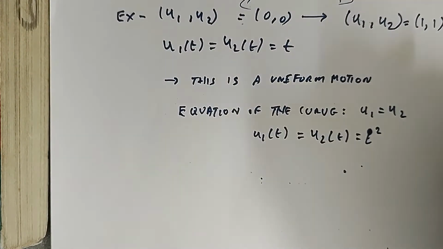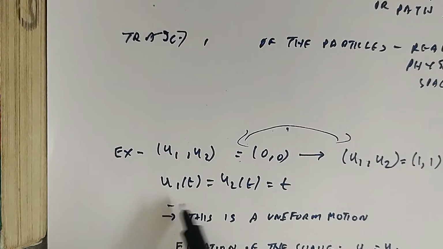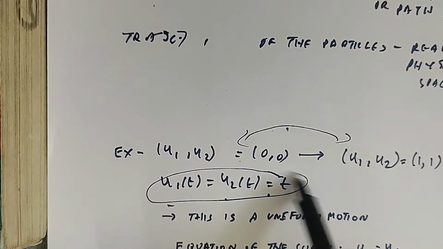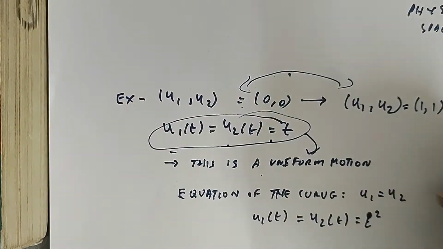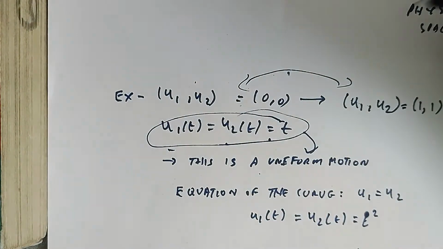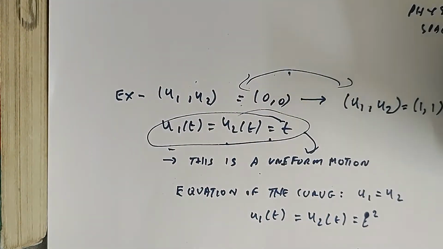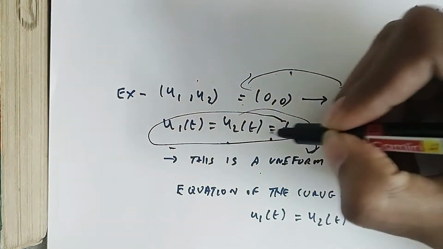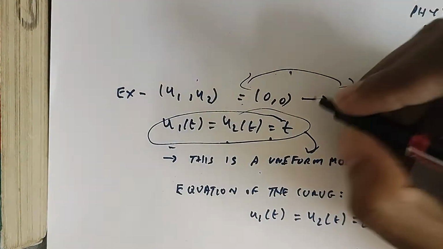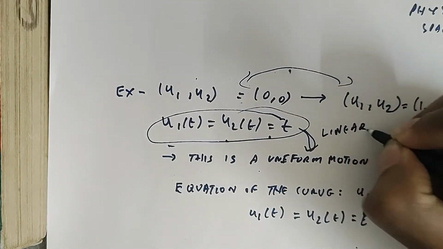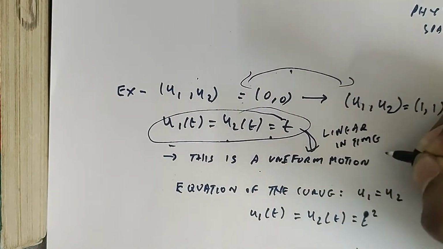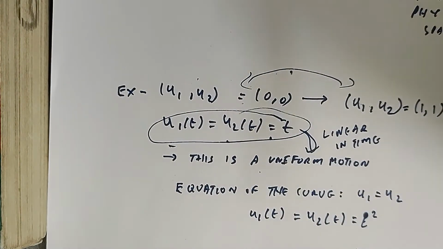What just happened? Here u1(t) is linear in time, thus it's a uniform motion. Initially you have (u1, u2) at (0, 0), and then at (1, 1), and u1(t) = u2(t) = t. This is linear in time. Thus the resultant motion was a uniform motion.